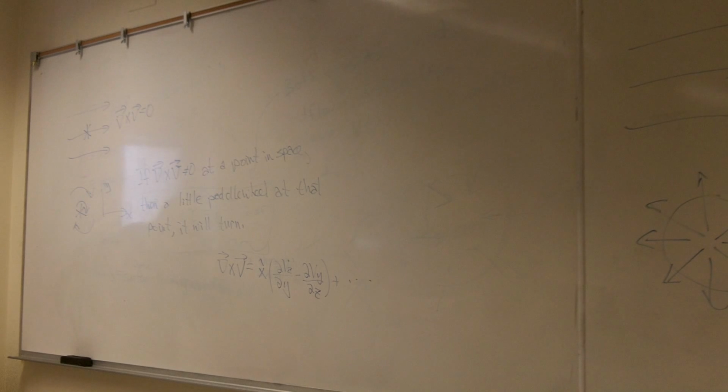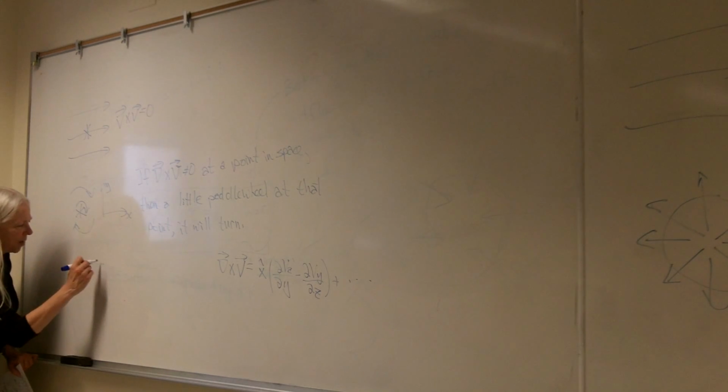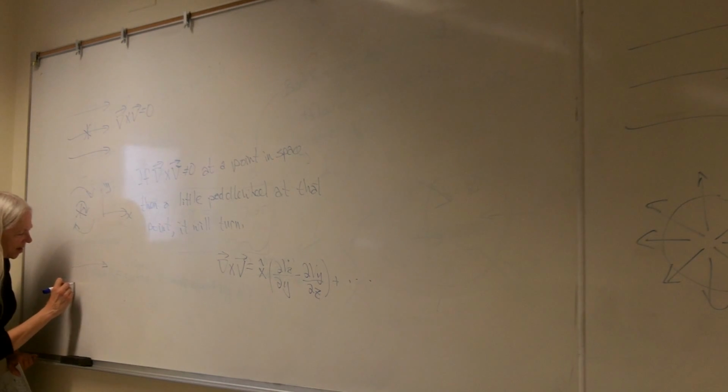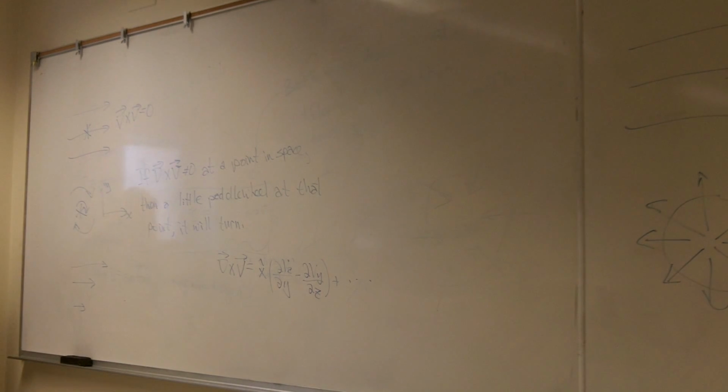You can see that's going to give you a non-zero contribution to the curl. But swirly vortices like this are not the only way of getting a non-zero curl. We could also, for example, have fluid flow like this, where a longer line reflects a larger velocity, bigger speed.